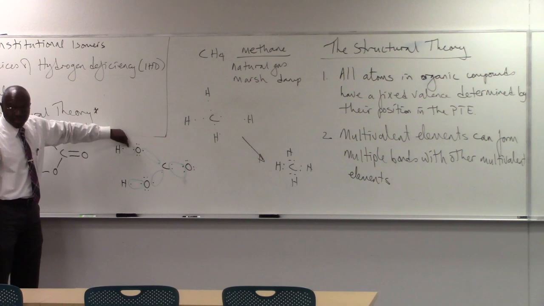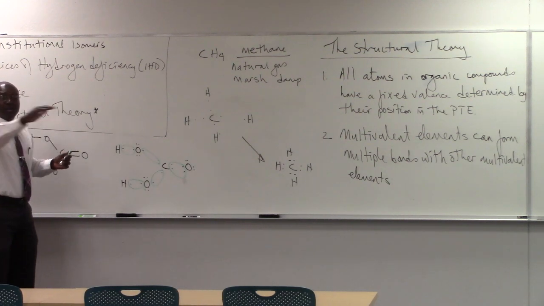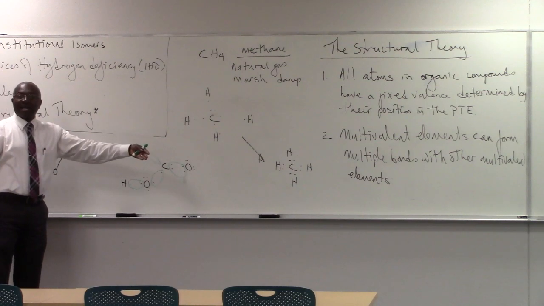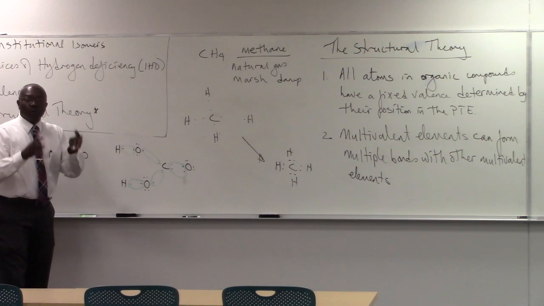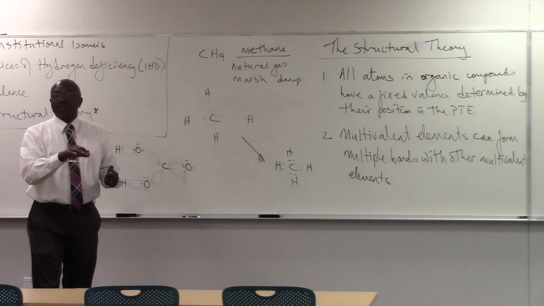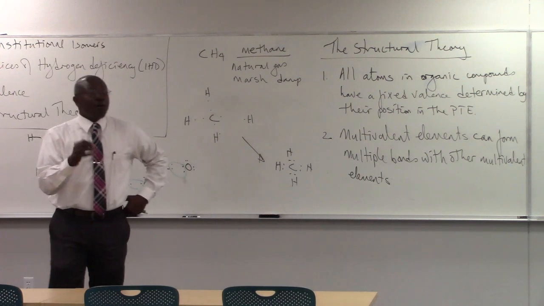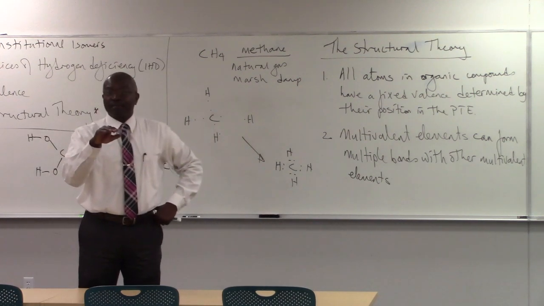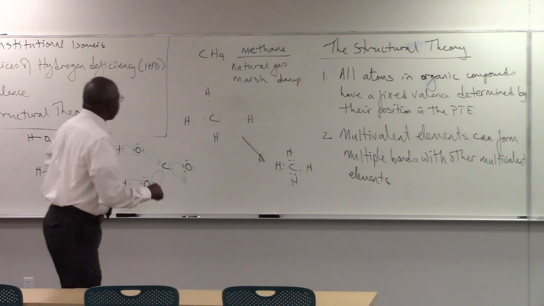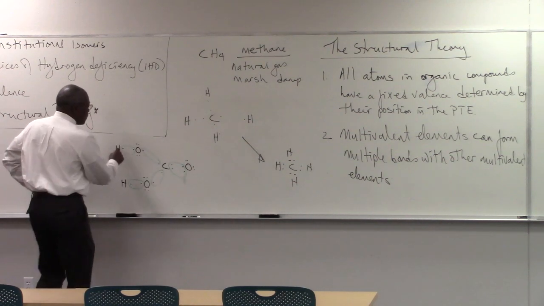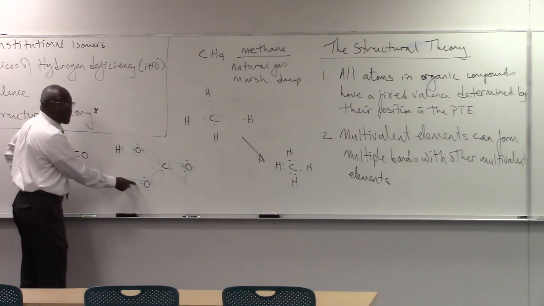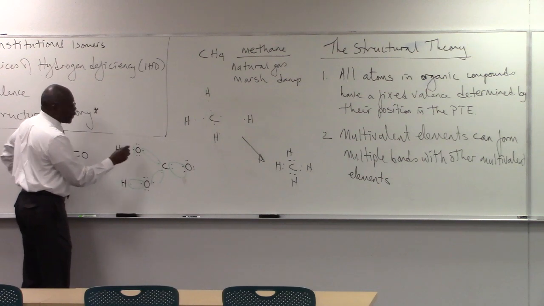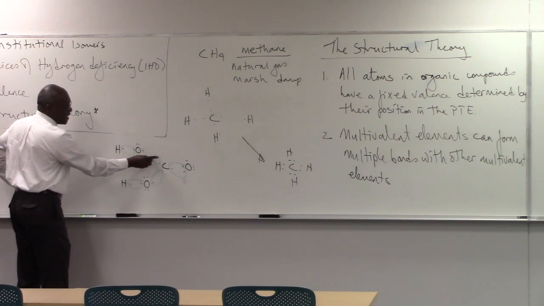H has a duplet, which for H and elements in the first period defines a noble gas configuration. Not all noble gas configurations are octets. Strictly speaking, they're octets only for the second row elements. So duplet for the H, duplet for the H, octet for the O, 2, 4, 6, 8.